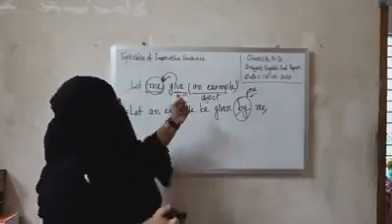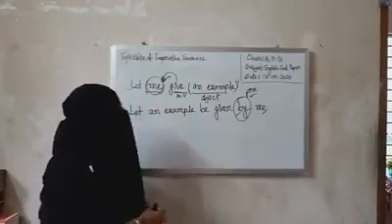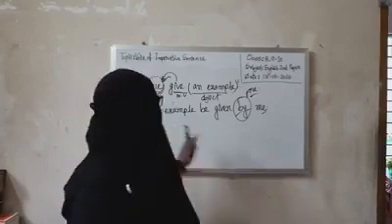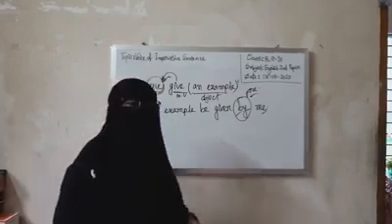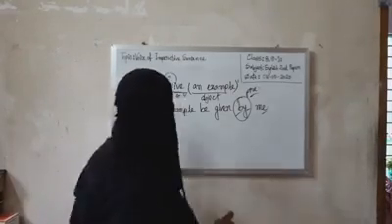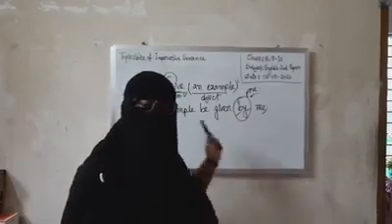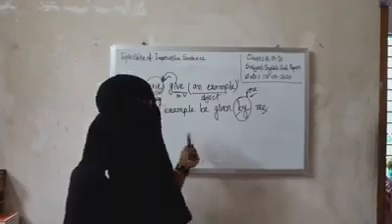Let me give an example. It can mean a permission, or I can also make a request. Whatever it means, order or permission or request, it is an example of an imperative sentence.